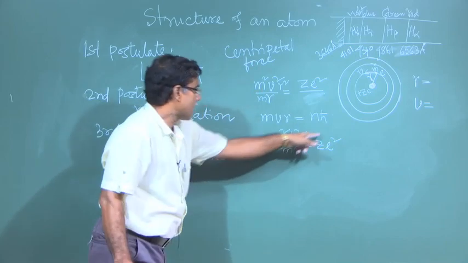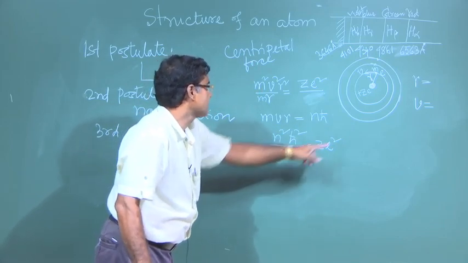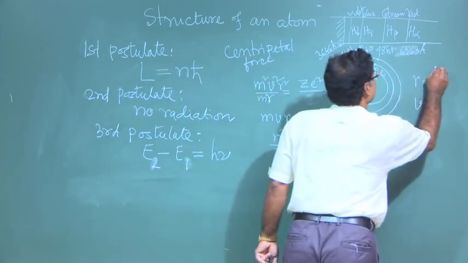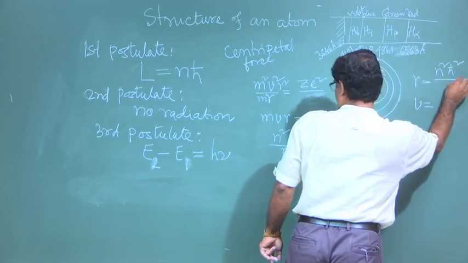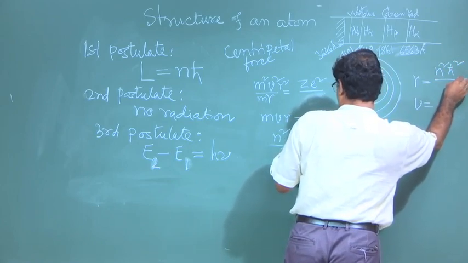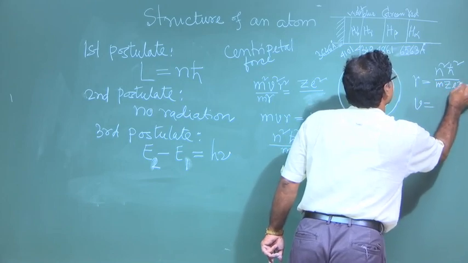Okay. So, r equal to n square h cross square by m Z e square.